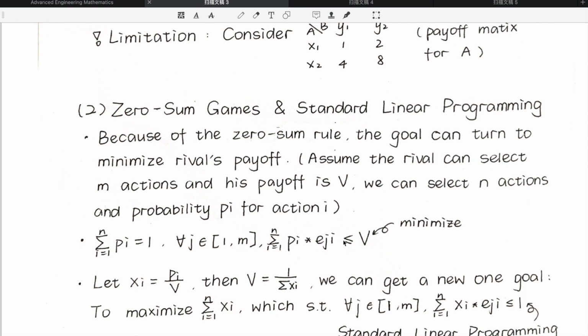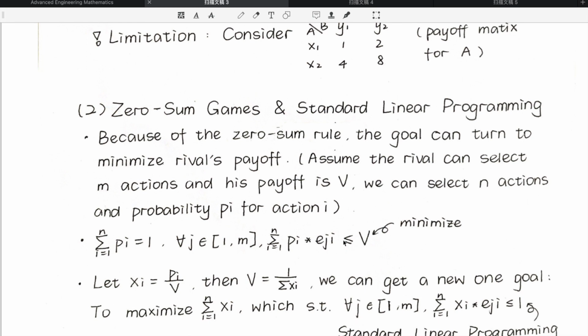Another special case is the zero-sum games. In zero-sum games, gaining more is equivalent to making the opponent gain less, so we can find the equilibrium in another way. Again, consider a game of two players.